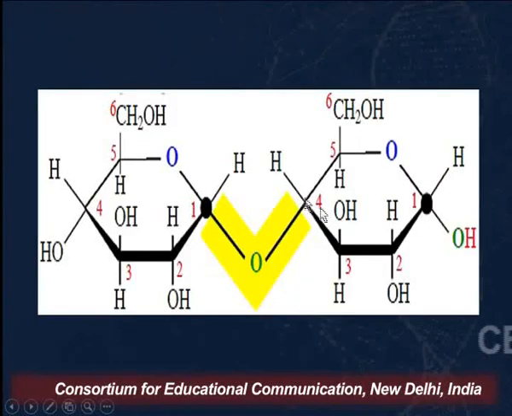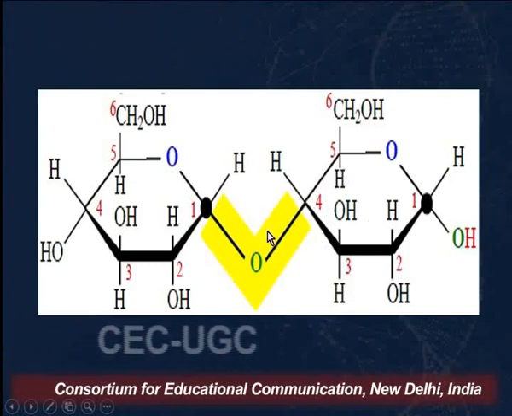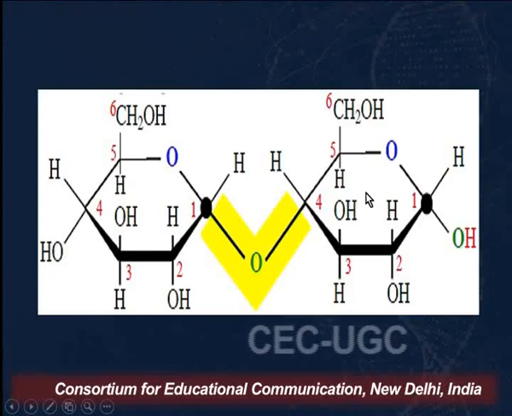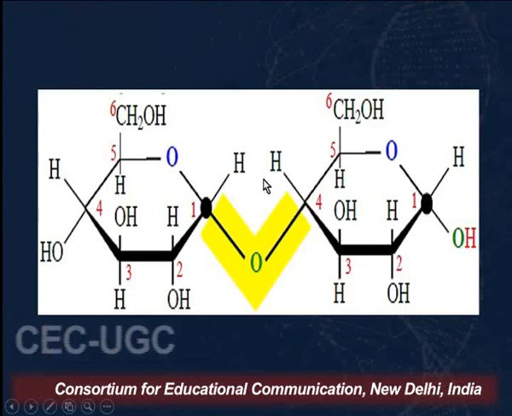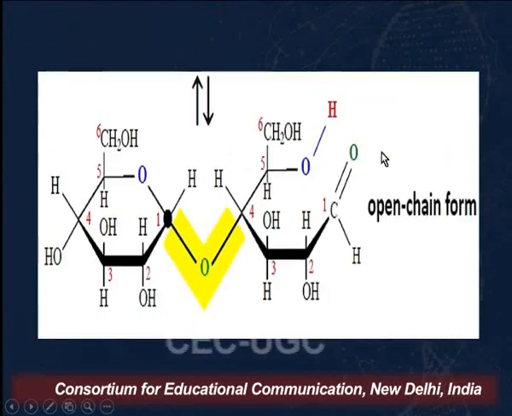So in this case, again I have elaborated the mutarotation only. That is, in this case we have a cyclic structure, we dissolve it in water. This is your glycosidic linkage which is locked, which will not change during mutarotation. We dissolve it in water, the ring opening will take place at the hemiacetal form.